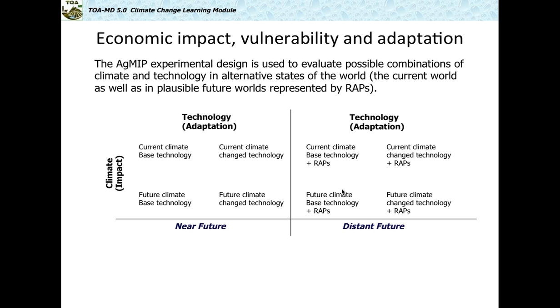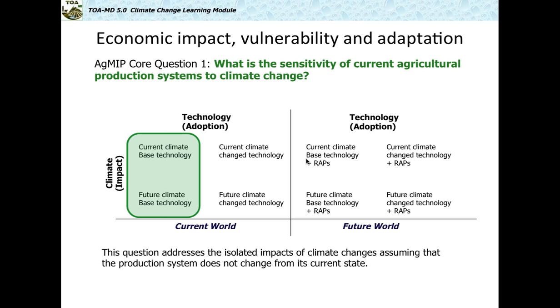So if you've worked through the climate change learning module, you've seen some of the concepts developed there. And basically what we're doing is we're using the basic logic of the TOA model to look at two different kinds of effects.